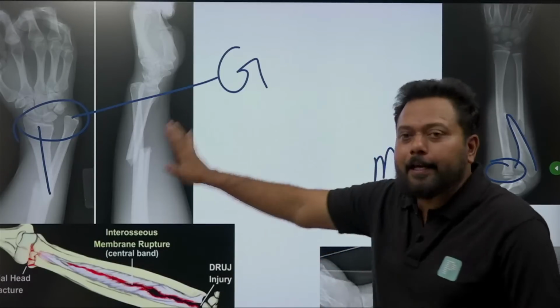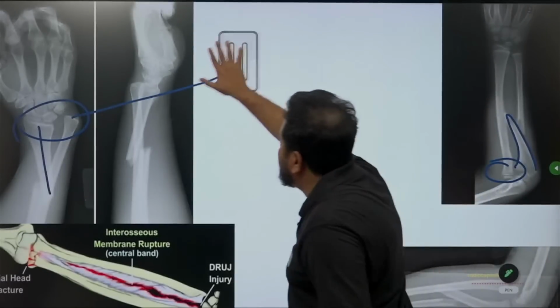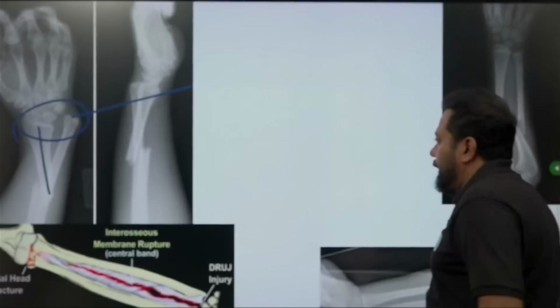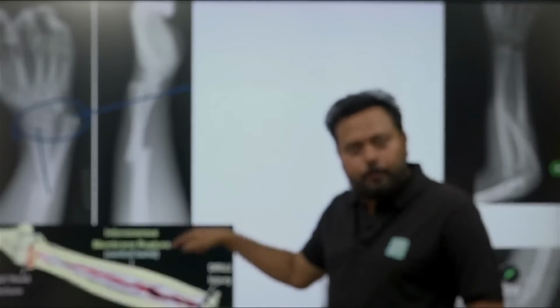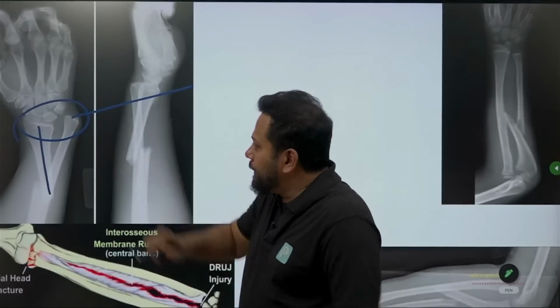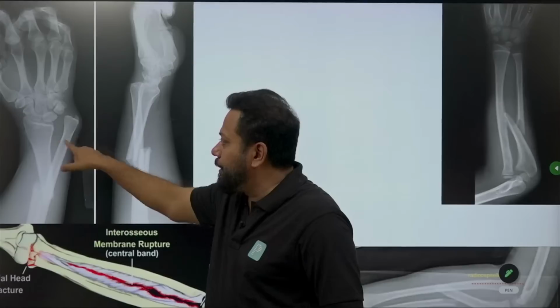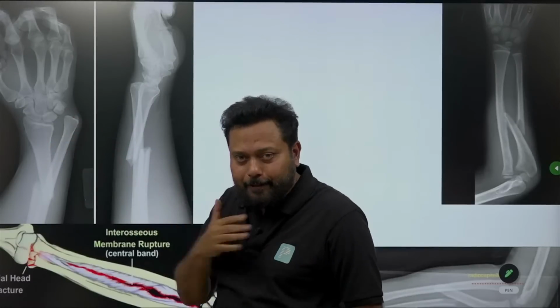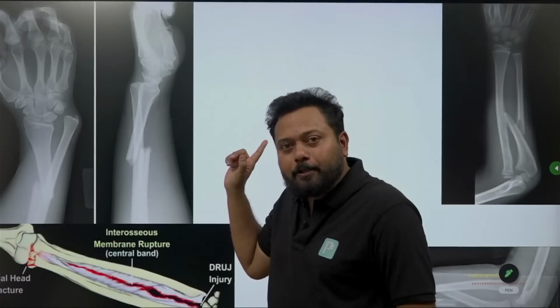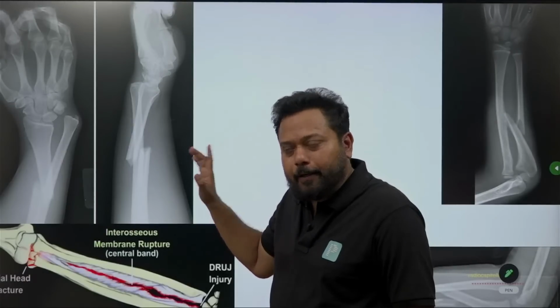In between Galeazzi and Monteggia, there is another confusing one, not asked several times in our entrance, so I am expecting this question very soon. Look at this fracture. What is Galeazzi? It is a distal third radial fracture with distal radio-ulnar joint disruption. Monteggia is a proximal third ulna fracture with proximal radio-ulnar joint disruption.